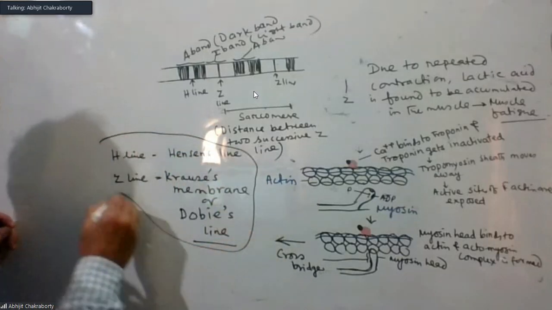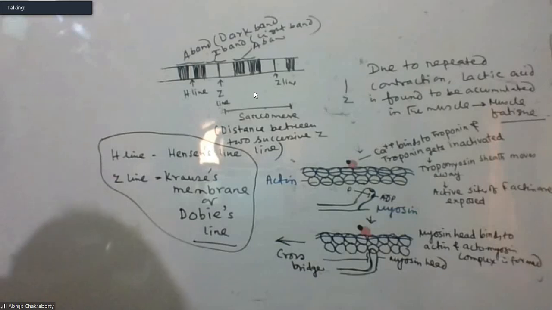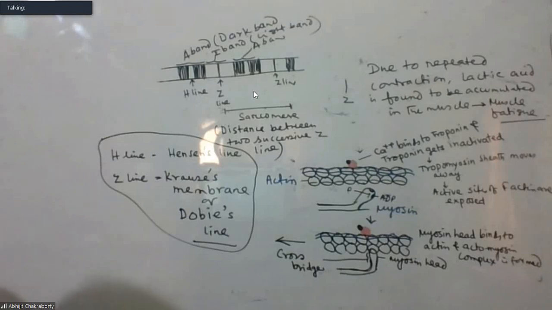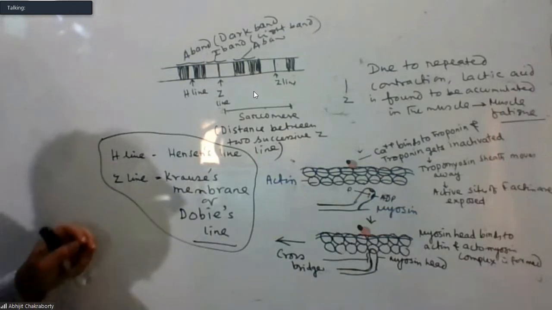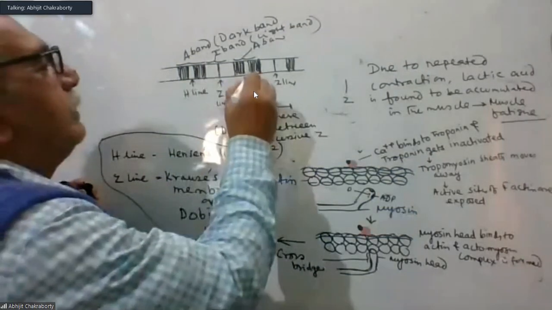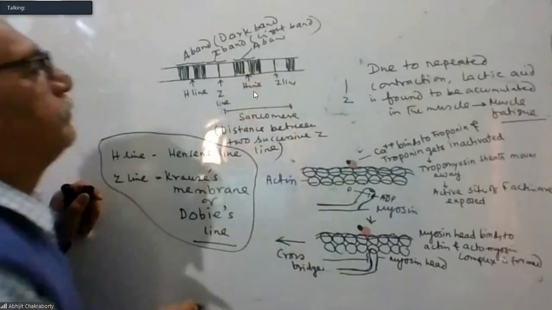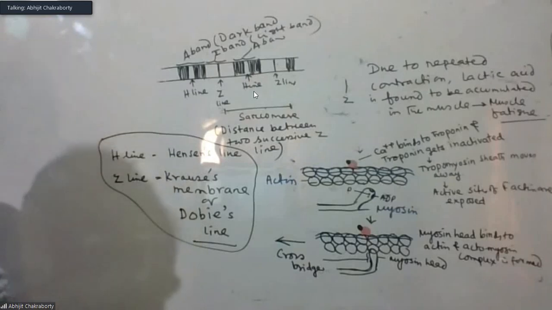Try to remember this. This is the H line. Is it clear?